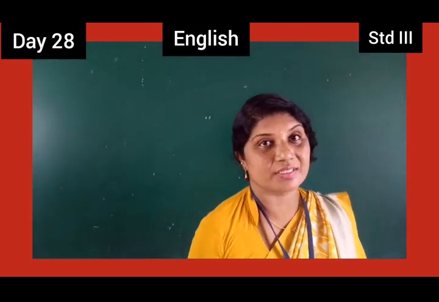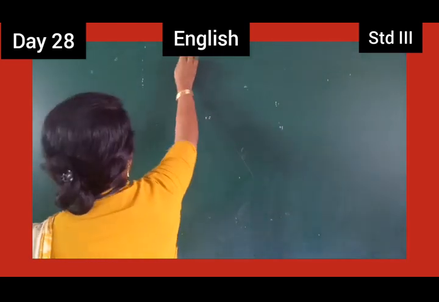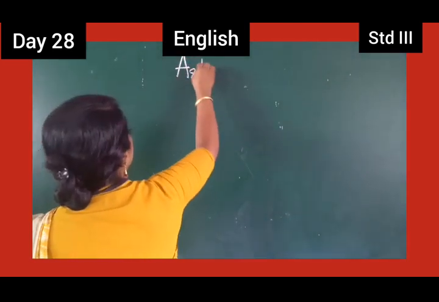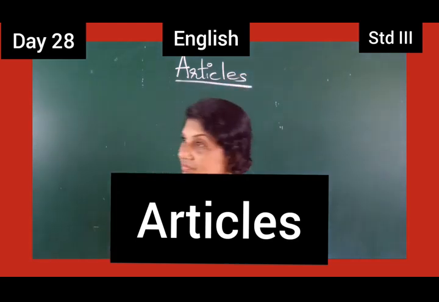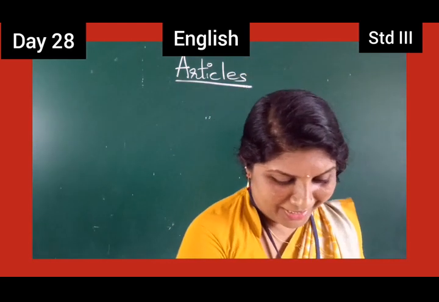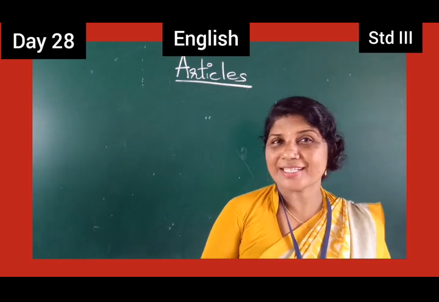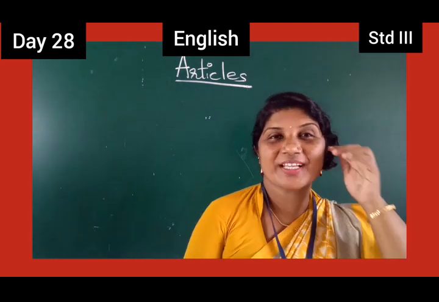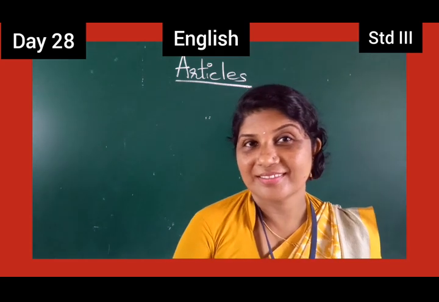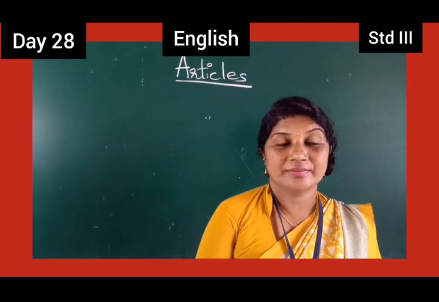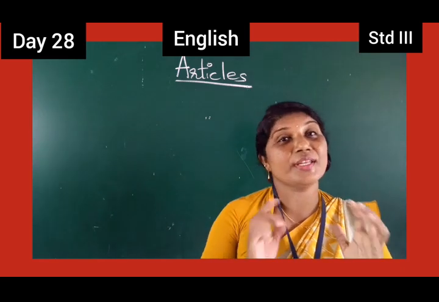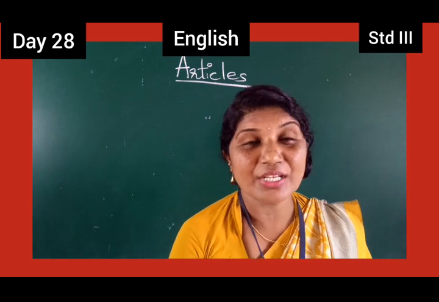Okay, children. Today we are going to study about articles. What, children? Articles. Children, how many letters are there in the English alphabet? We know that there are 26 letters in the English alphabet.